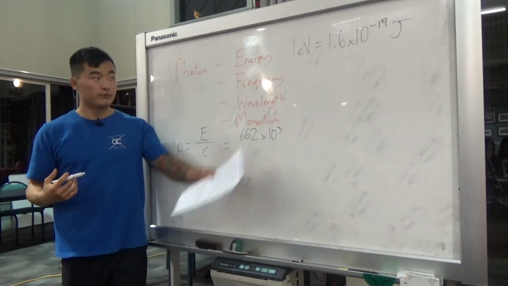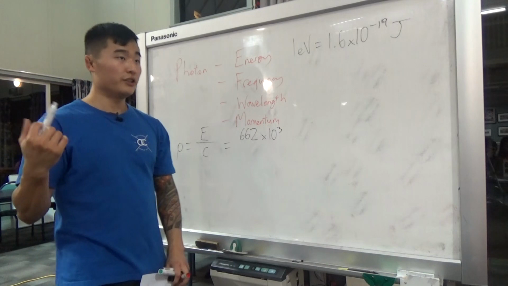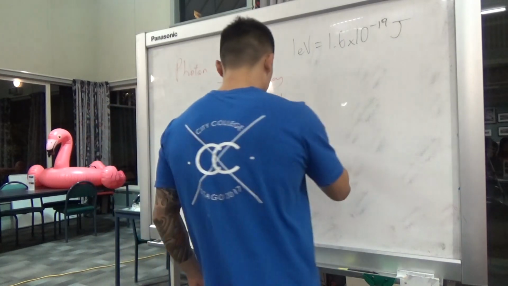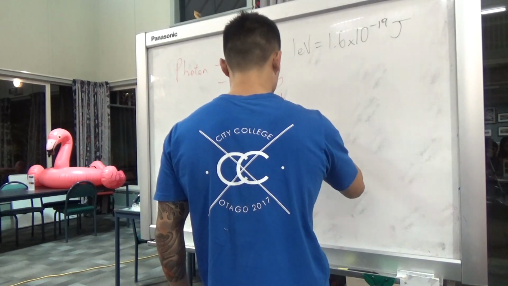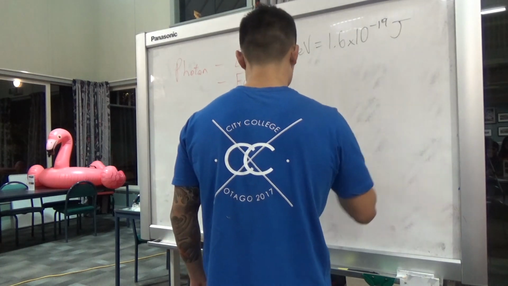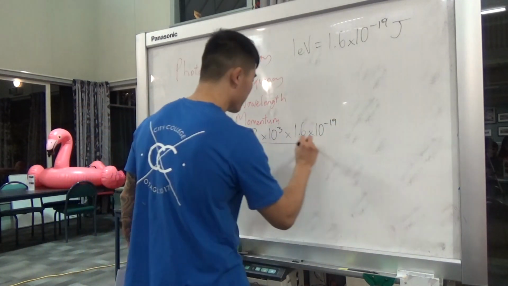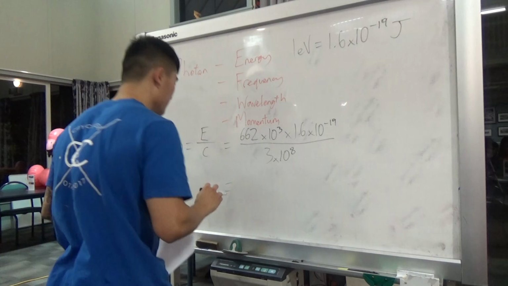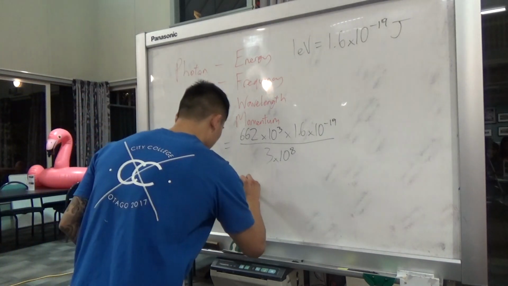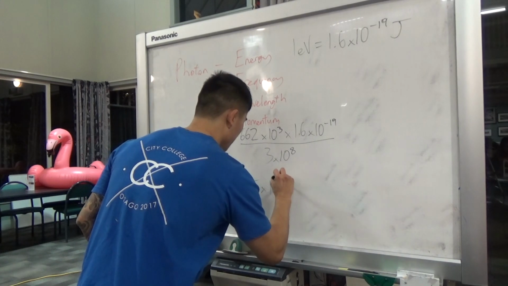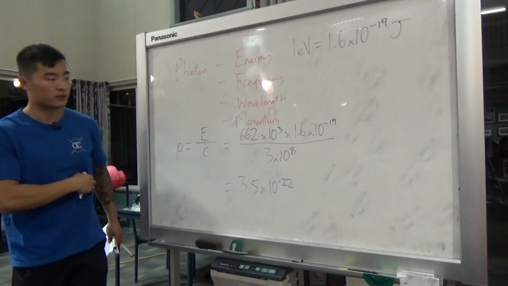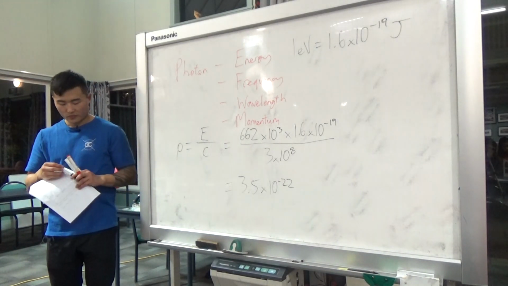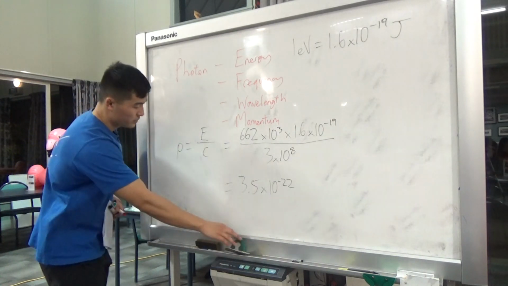That's important to remember as well, but it's on your cheat sheet anyway. So 662 times 10 to the power of 3 times 1.6 times 10 to the negative 19. That's turning our energy into joules. And the speed of light is 3 times 10 to the 8. And that's going to be 3.5 times 10 to the negative 22. Okay. Sweet.